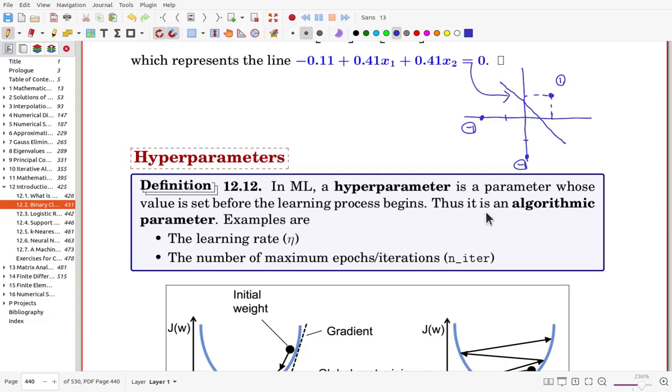So for example, if we have 100 points, then after 100 iterations, 1 epoch is finished. But for Adaline, we use all the points each time, so 1 iteration is the same as 1 epoch. So epoch and iteration are used in machine learning in this way.